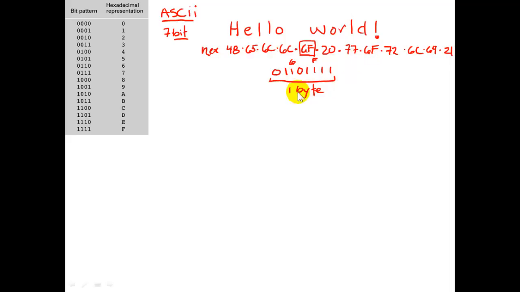Now I'd like to emphasize that 1 byte is 8 bits, and 8 bits has 2 to the 8 different possible values, which gives us 256 possible characters.